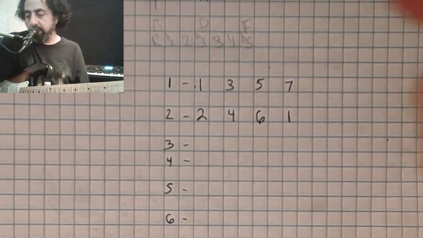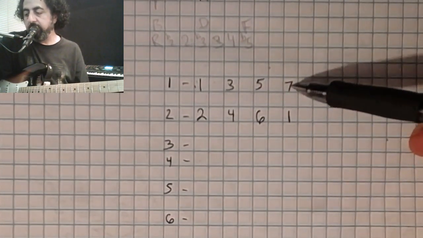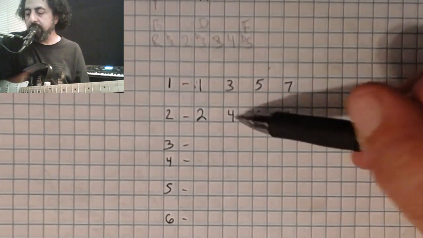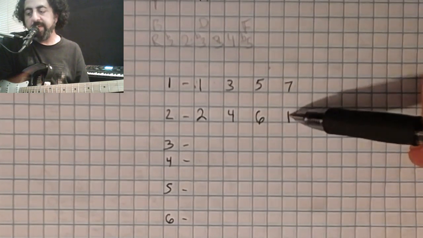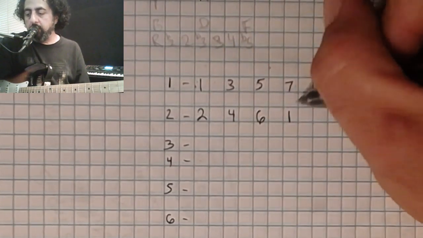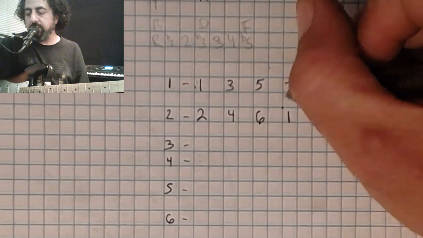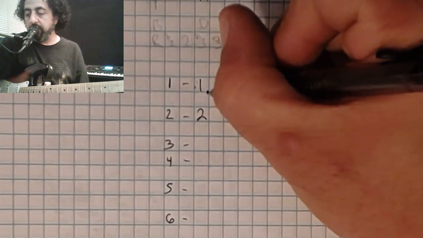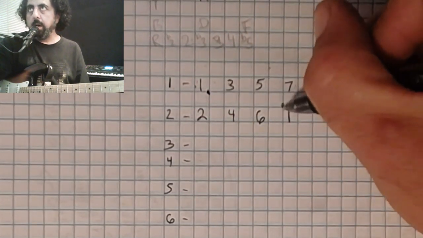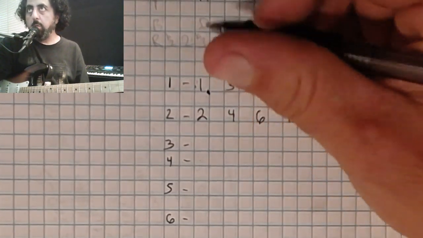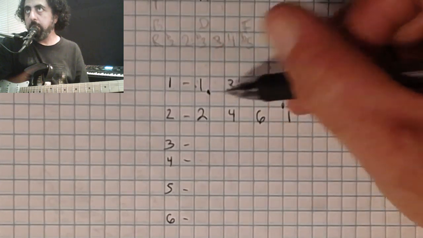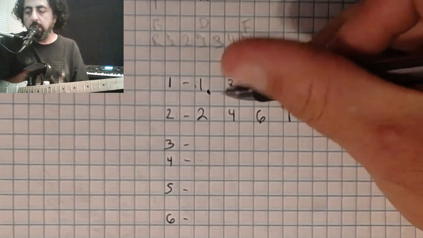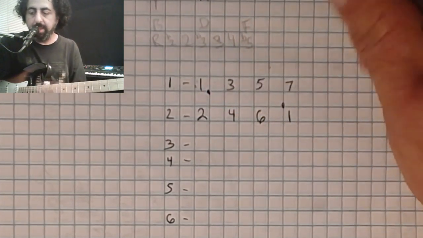Now, I found it interesting that if we included the 7th, we've got basically every odd note available, and then every even note, except for the 7th always brings in the first note of the previous chord, leading to why 7th chords are popular in jazz, because they kind of lead to one another. They have a link between them.